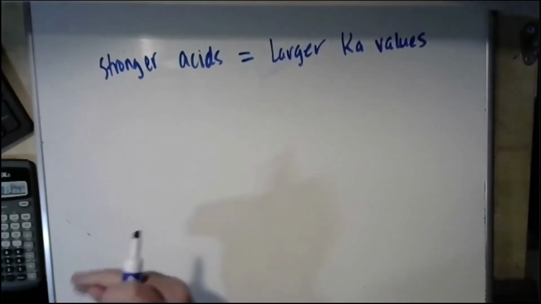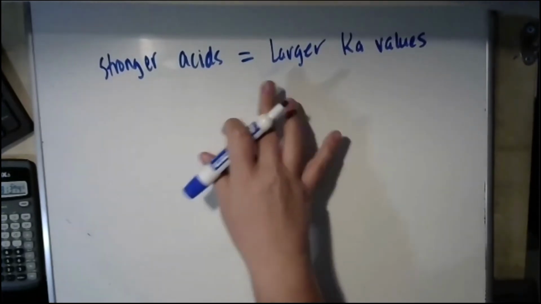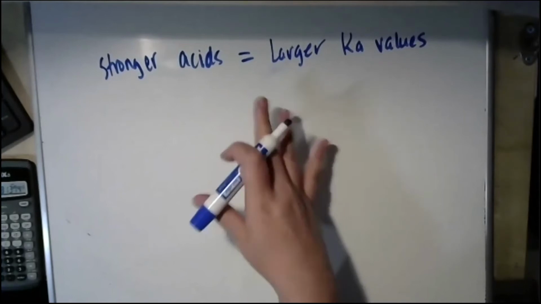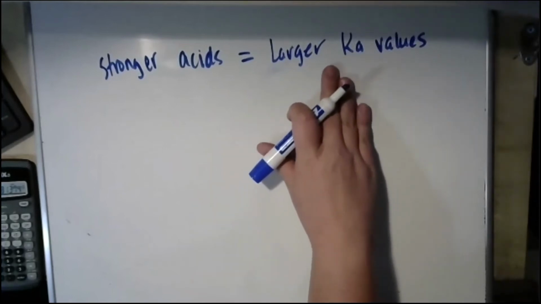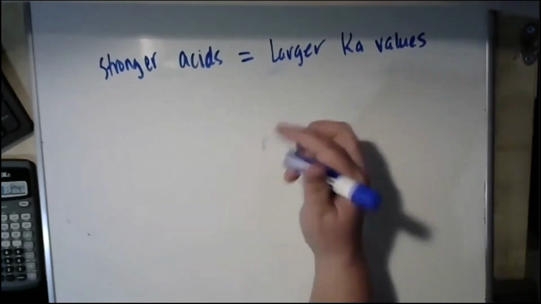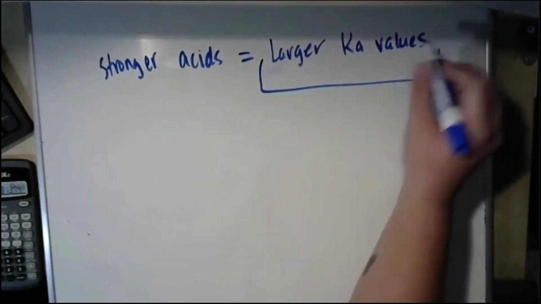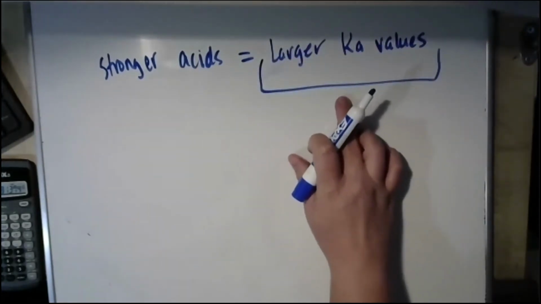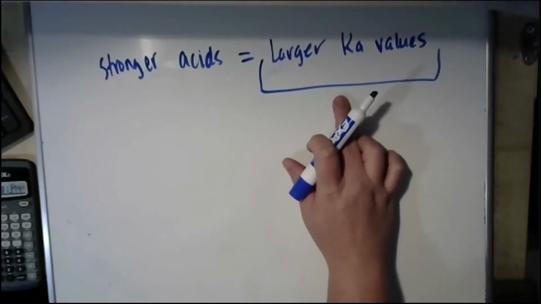And if you are mixing together two different weak acids, and one of them has a significantly larger Ka value than the other one, then whatever's happening with the larger Ka value acid is what's going to determine the pH of your solution.